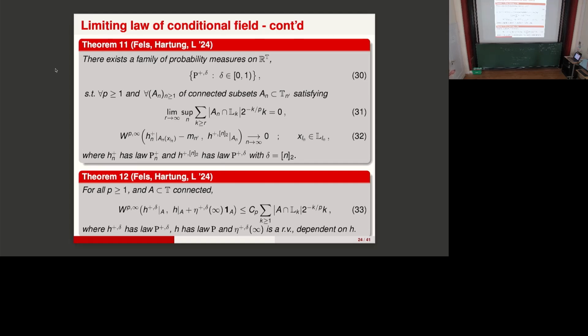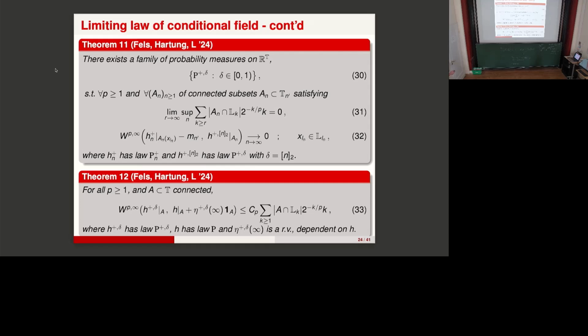So the first one says that there is a limiting law. So in fact, there is a family of limiting laws, P plus delta, indexed by some parameter between 0 and 1, such that if you evaluate, so H plus n is the field condition to be positive.